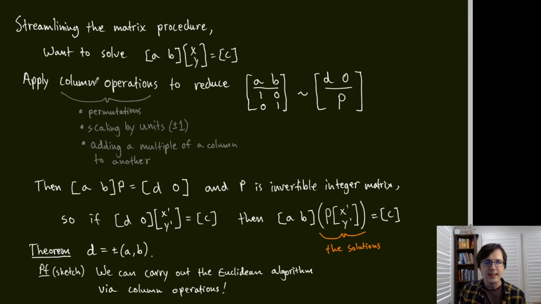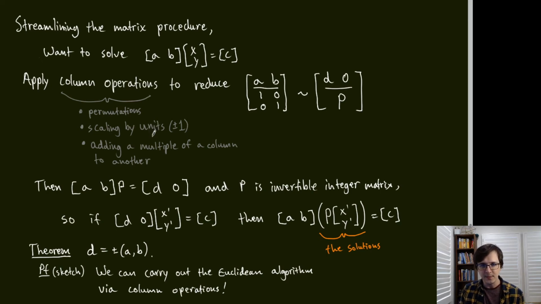And we need to be careful about which column operations we're allowed to apply. First of all, permutations are perfectly valid, because you can undo permutations by unpermuting. The other is when we scale, we can only scale by units.